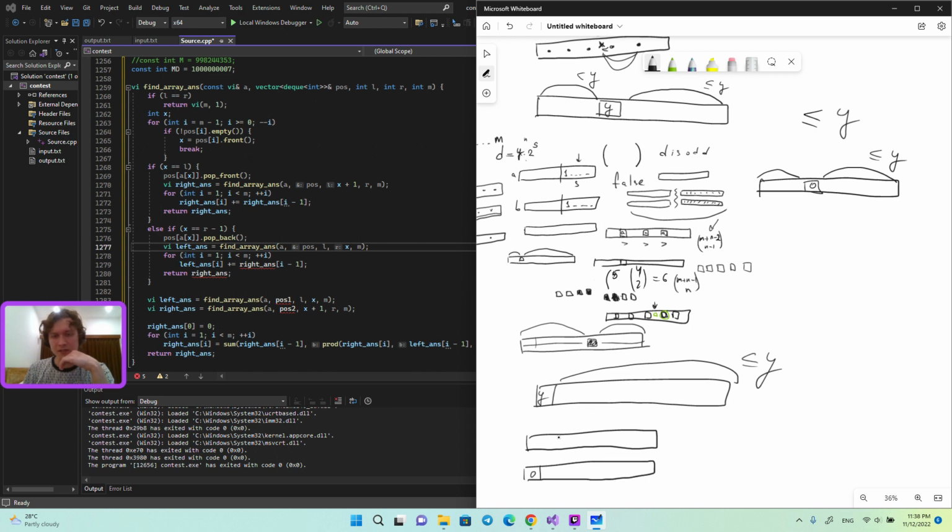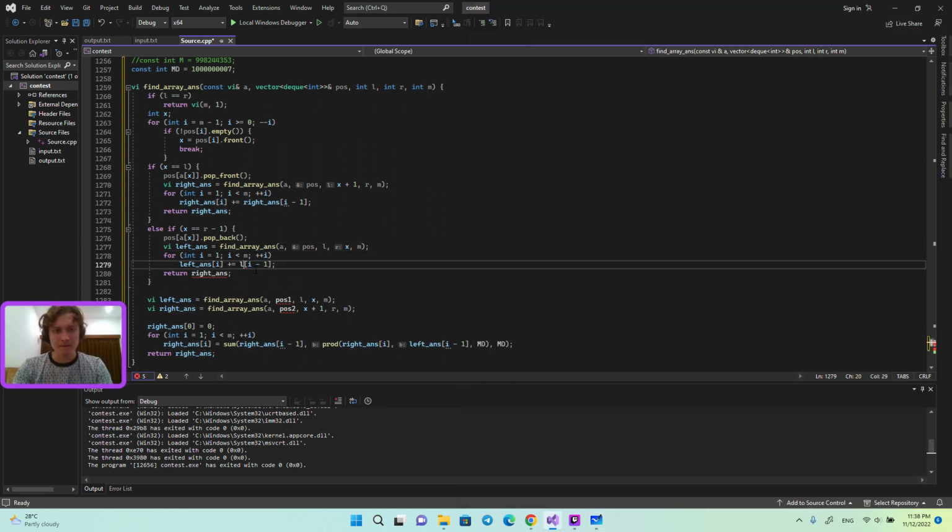Here would be 0, and the rest of the things are just going to the right. Yes, exactly. They're just going to the right, and then they sum up. So first of all, I move them to the right.